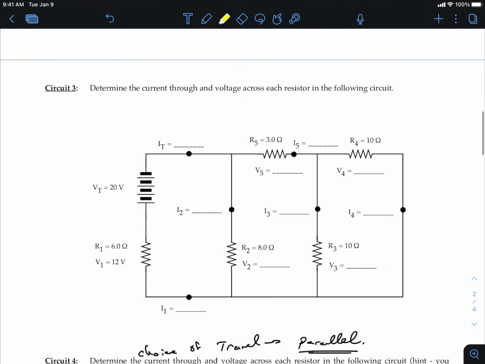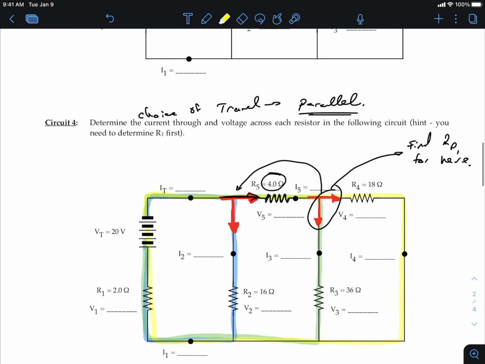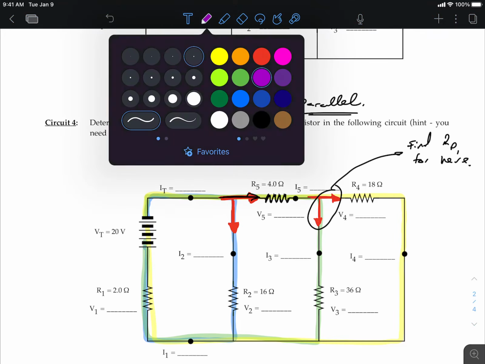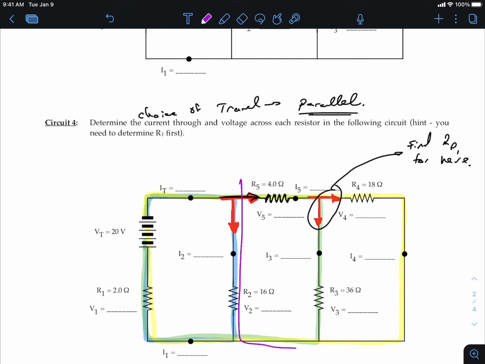But then we also have to take into consideration now, I have just found all the resistance over here on this portion of the circuit, everything in that purple box. I've taken into consideration all the resistance there, right? Now, we have a choice here.